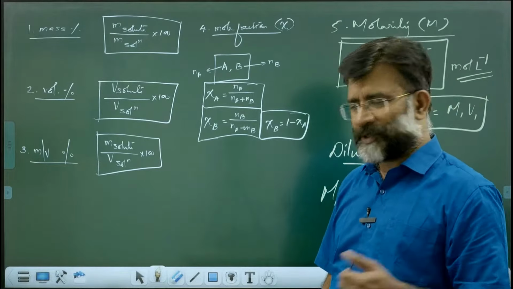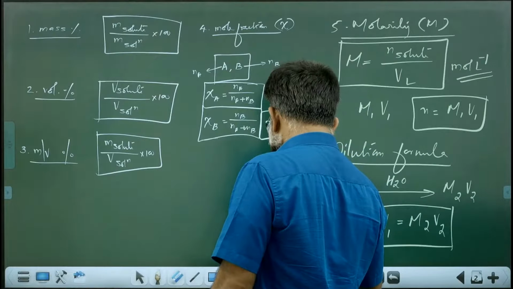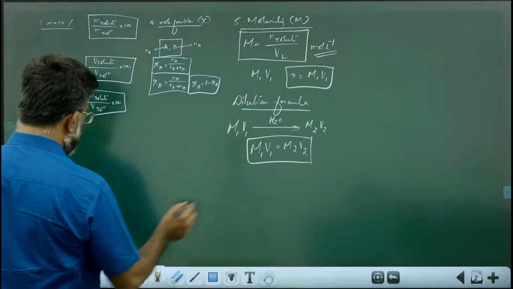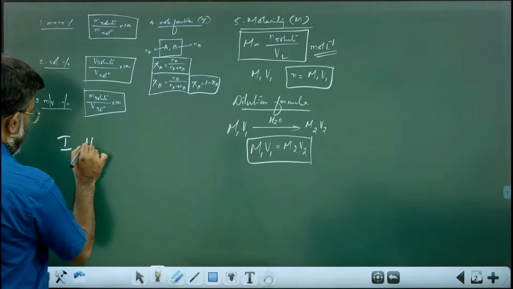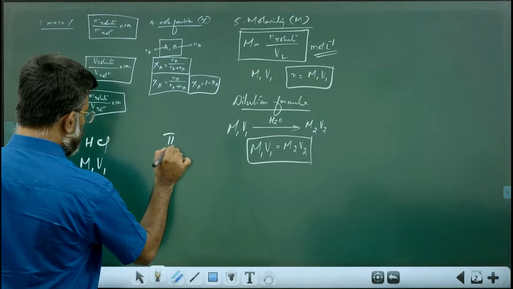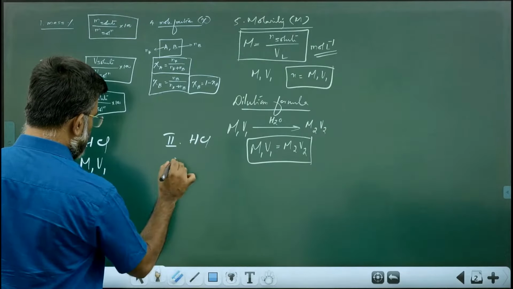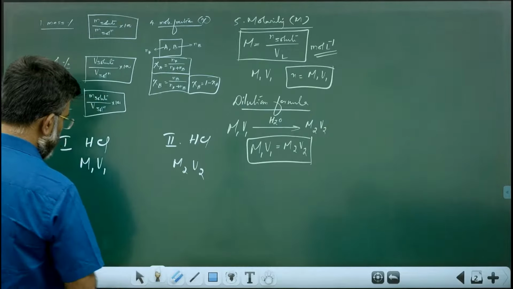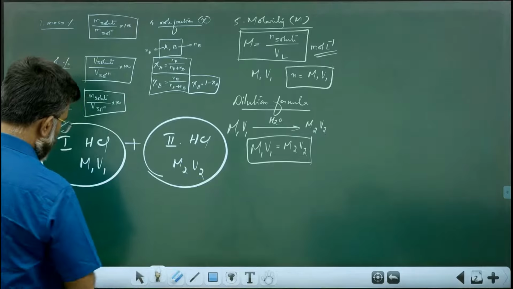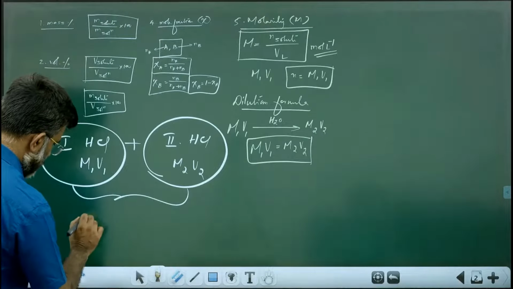Right? Dilution formula. Similarly, when you are mixing two components of identical character, suppose you are taking solution 1 of HCl having molarity M1 volume V1, solution 2 of HCl having molarity M2 volume V2, and imagine you are mixing the two solutions. Then what is the molarity of the resultant mixture?